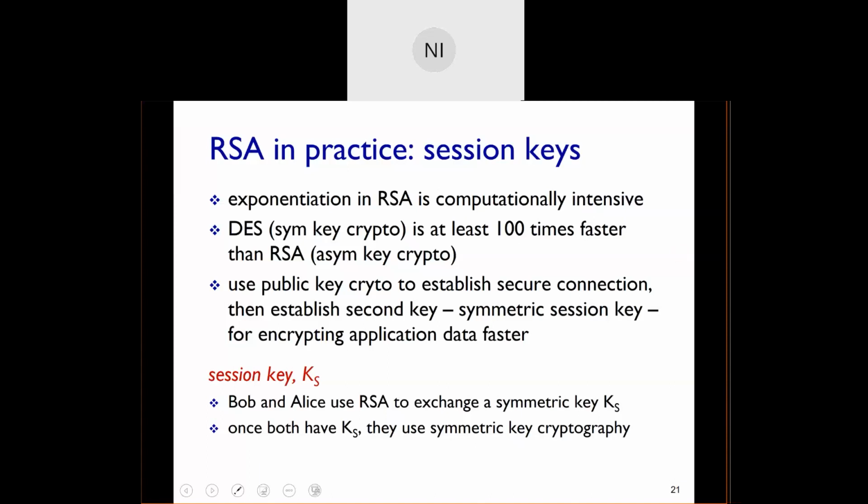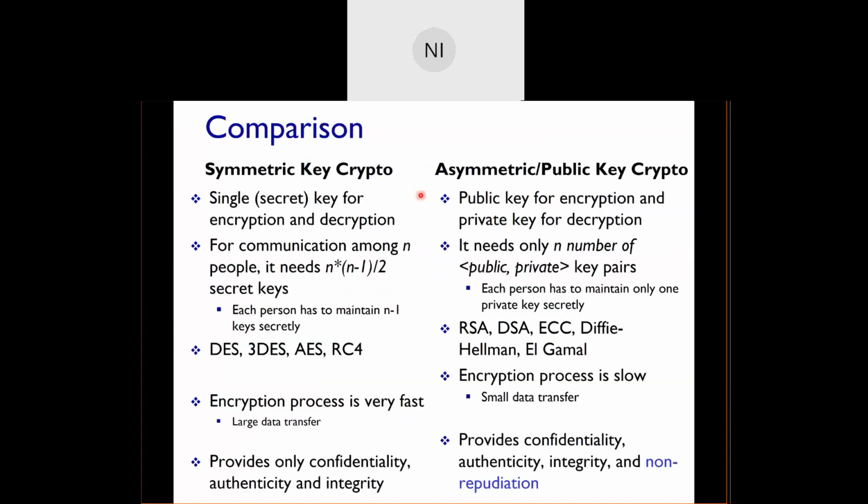So before going forward, let me also give you a quick summary of how these two algorithms are different from each other. If you look at symmetric cryptography versus public key cryptography, as I was looking at earlier, in symmetric key case, we have a single secret key which is used for both encryption and decryption. If you look at the public key cryptography, we have two separate keys, one for encryption and one for decryption.